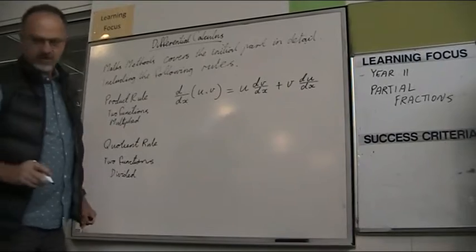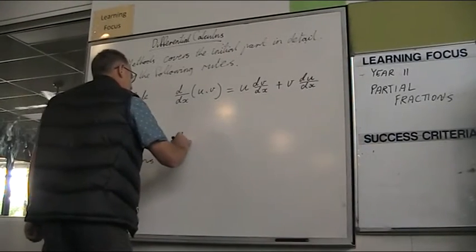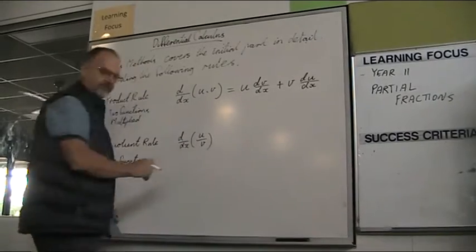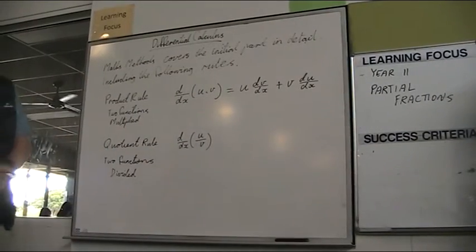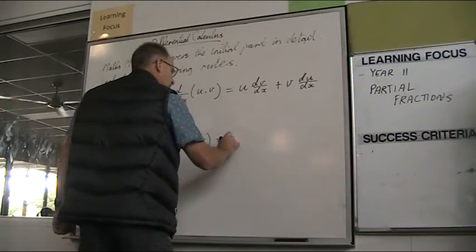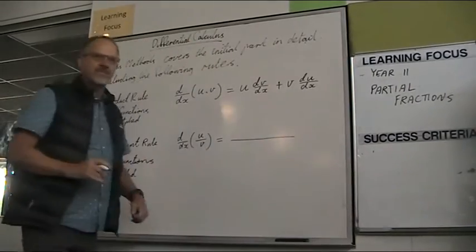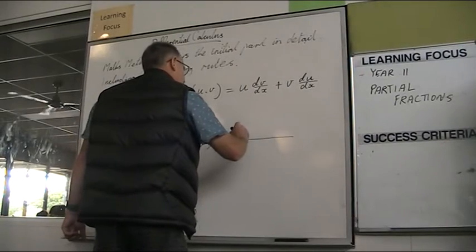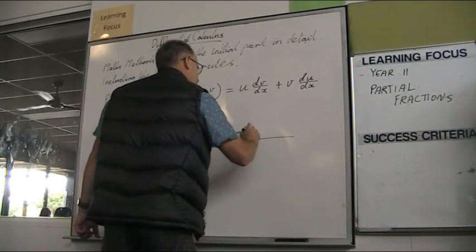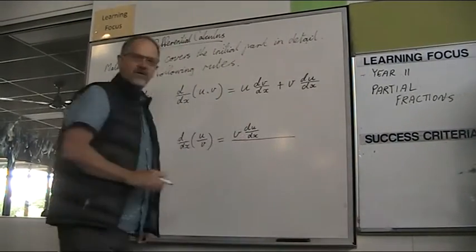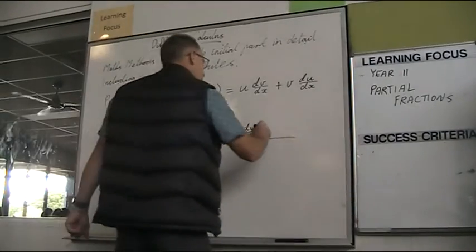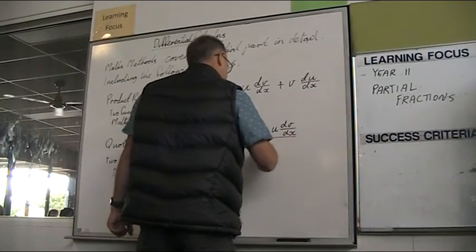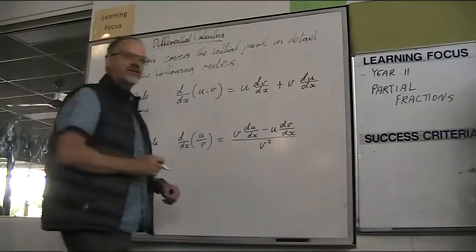If I have the derivative of u over v, the rule ends up being like this: function v times the derivative of u minus function u times the derivative of v, all over function v squared.